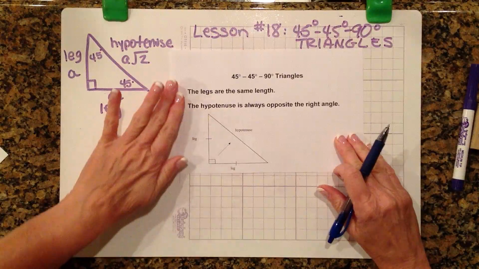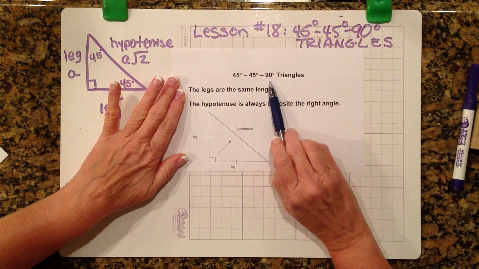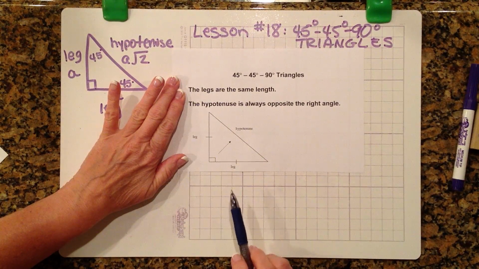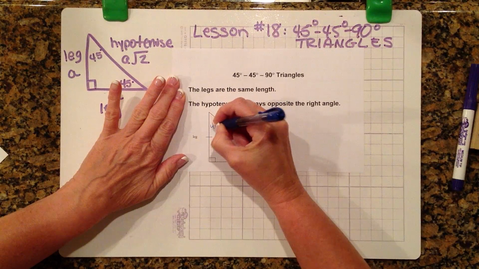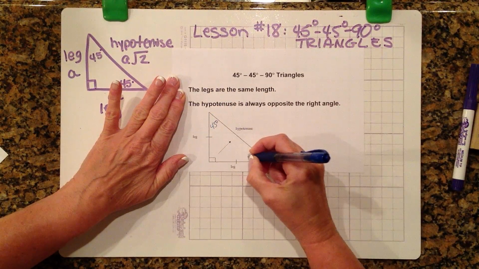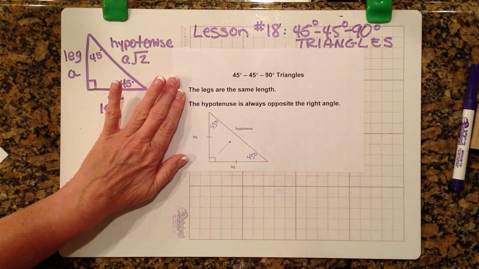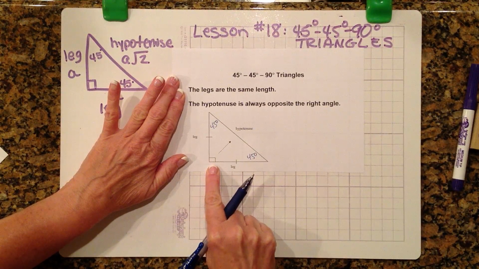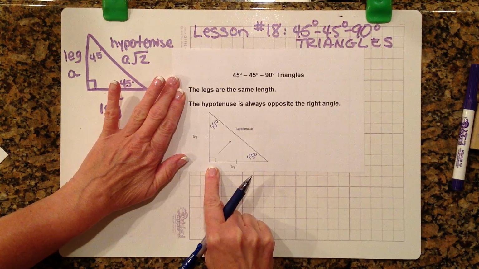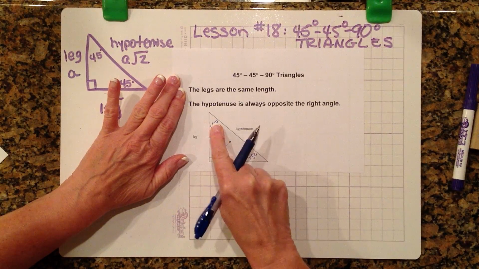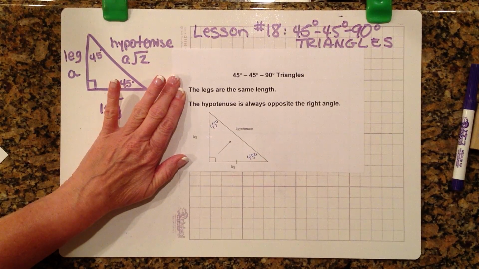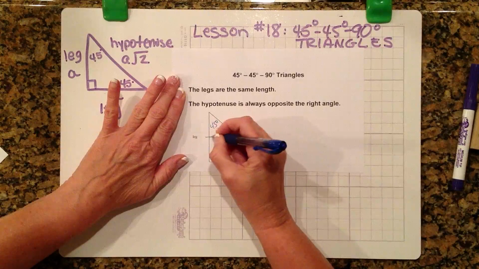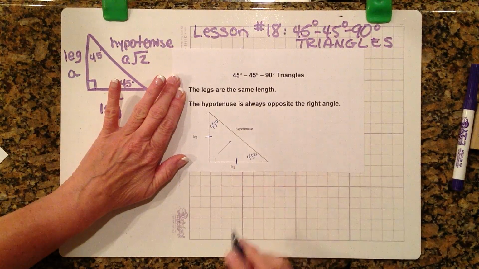All right, here's our 45, 45, 90 degree triangle. It has a 45 degree angle here and a 45 degree angle here. And then this is the right angle, that's 90 degrees. So notice if you've got two angles that are congruent, remember from the isosceles triangle, if you have two angles congruent, you're going to have two sides congruent.